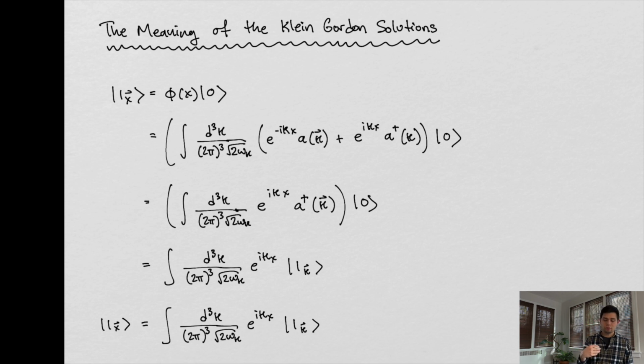If you recall, the Klein-Gordon equation was an oscillatory equation in time and space. It had temporal components and spatial components. And we recall that the Klein-Gordon solution was this right here. So this is an operator.